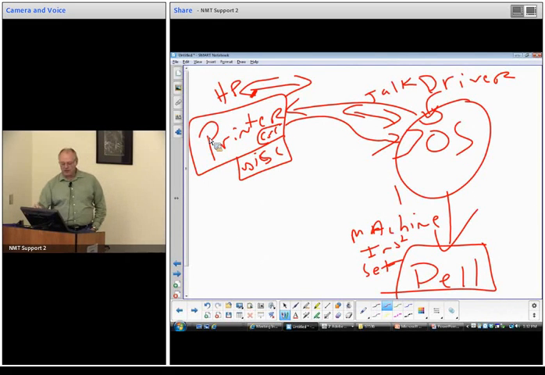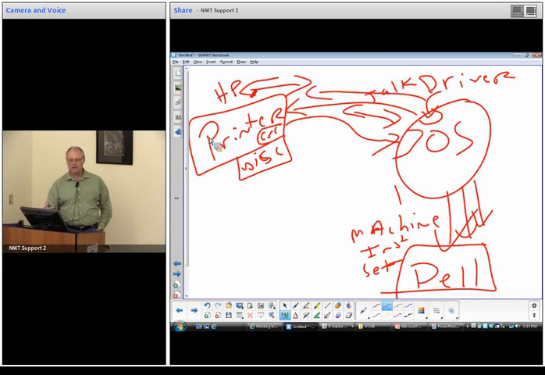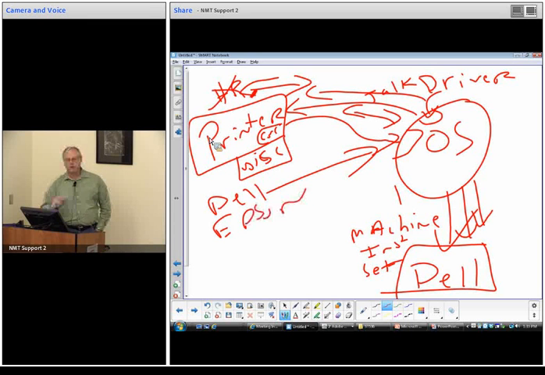It's a tiny program, small, but it's sort of like a translator between HP 123 and the operating system. Because the operating system only has one set of instructions to talk to the computer itself. It doesn't change that. It just has to have a driver to translate between different printers. If you then went out and bought a Dell printer, an Epson, each of those has a different language. The driver has to translate it so the operating system knows how to do that.